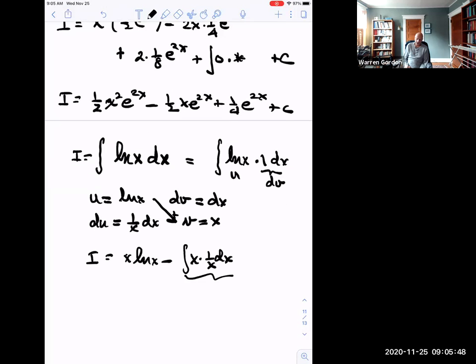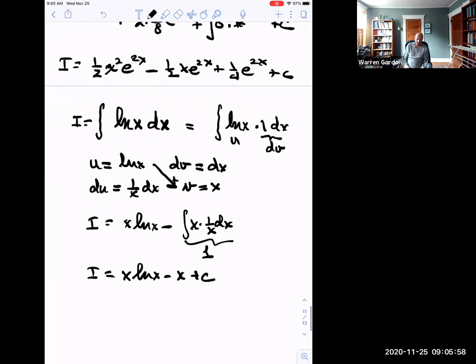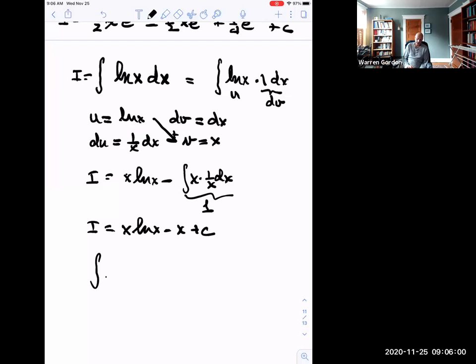This integral is just 1. So I is equal to x ln of x minus x plus an arbitrary constant. Or the integral of ln of x dx is equal to x ln of x minus x plus a constant.